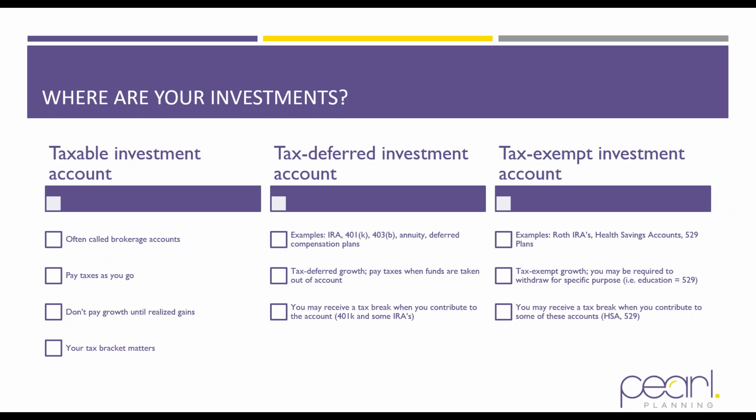So you're paying as you go. It's not always a bad thing because you can be taxed at a much lower rate, and you're only taxed when there's a taxable event. So if you have unrealized gains in investing, you're not going to pay until you actually either realize the gains or something comes out as income. So your tax bracket really matters. That's when you start to save in taxable investments, which I think is critical, especially when you're considering retiring early.